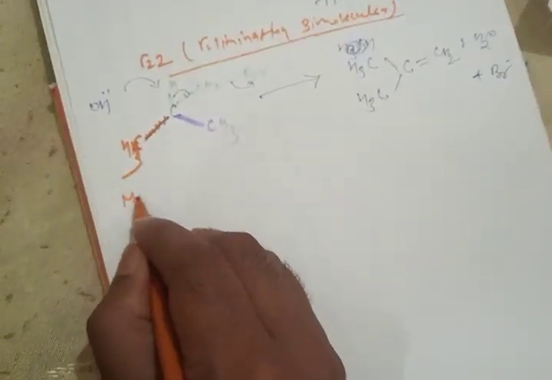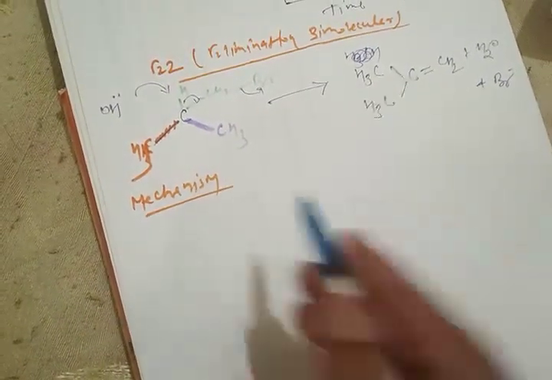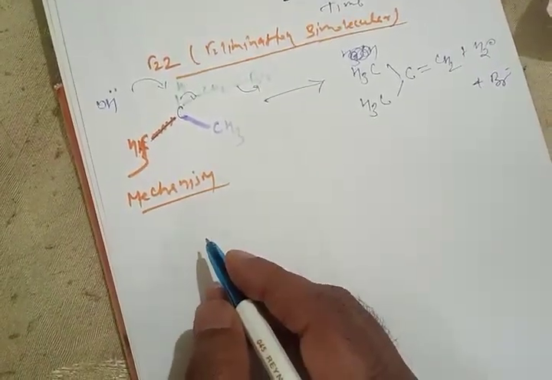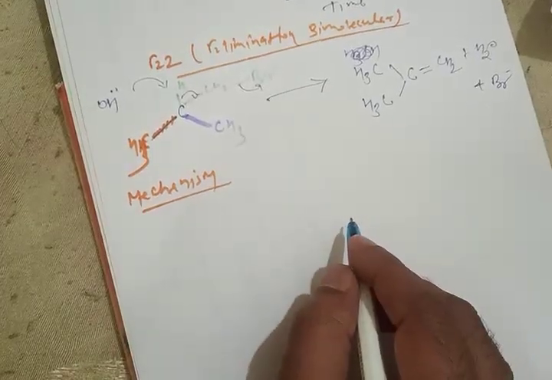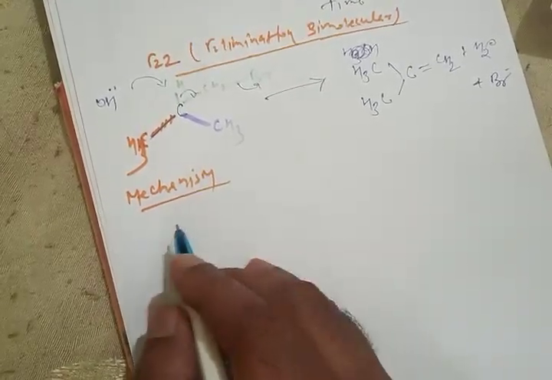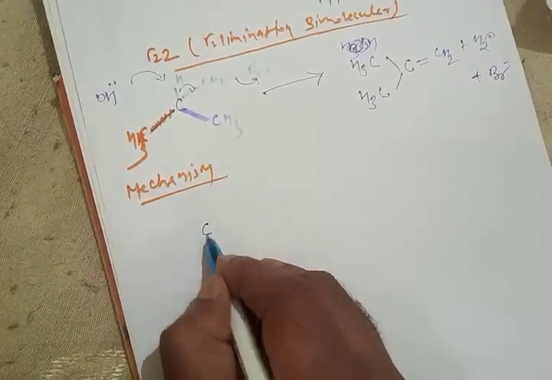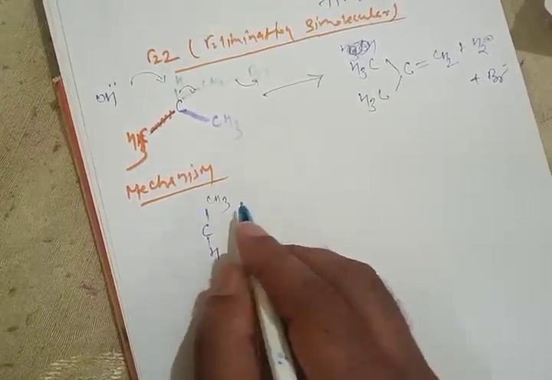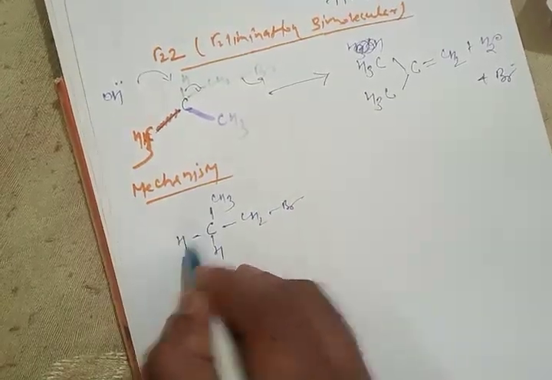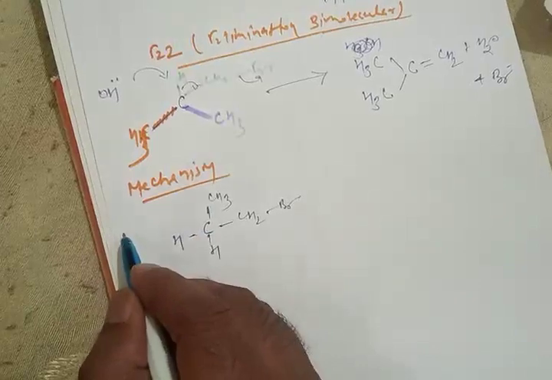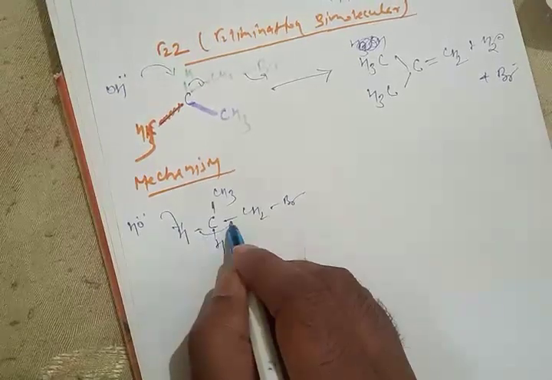Let's talk about the mechanism. Just like SN2, the attack of the base and the removal of the leaving group are done simultaneously. We have CH3, CH2Br and H. This is the base, so the base takes the hydrogen here, and the bond shifts to this side.